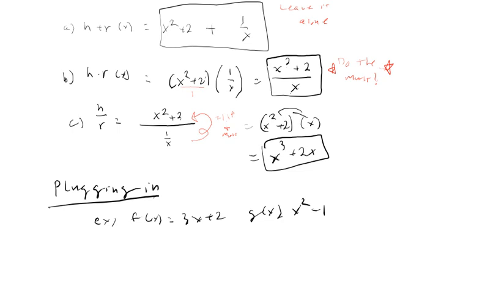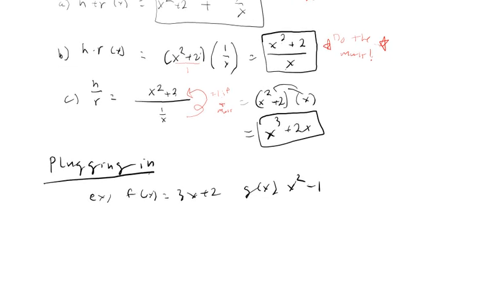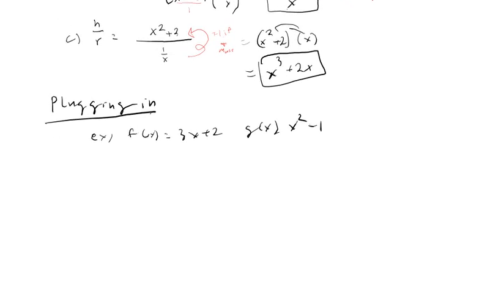You might see something like, part A, f plus g of 4. What this means is the 4 means you're going to plug in 4 for x.